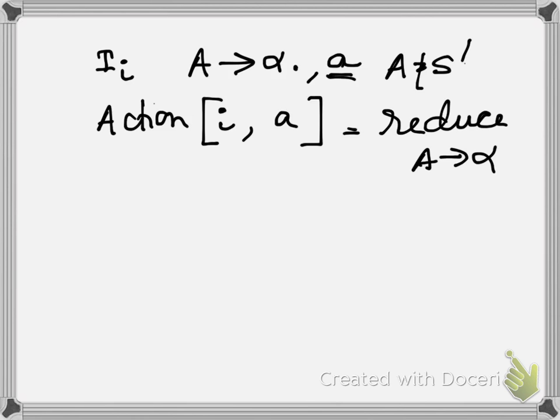In case of SLR, we filled up only those columns which are in the follow of A. Now we are not doing it for everything, we are not doing even for the follow, but we are taking the ones which are in the look ahead. So only for the look ahead symbol, for that column, we are going to put a reduce move.